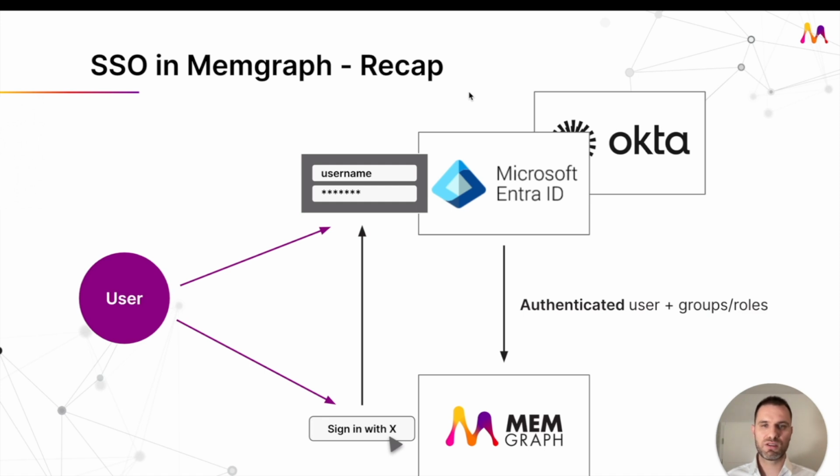Memgraph enables you to seamlessly map groups or roles from the identity provider to corresponding roles in Memgraph, ensuring everything works automatically. Plus, you have the flexibility to connect multiple identity providers alongside native user and password authentication. So, all the options are available, and it's up to you to choose what works best for your needs.